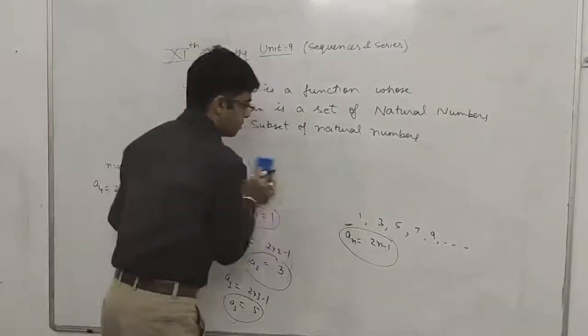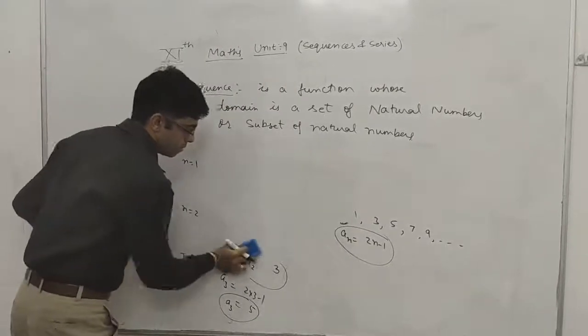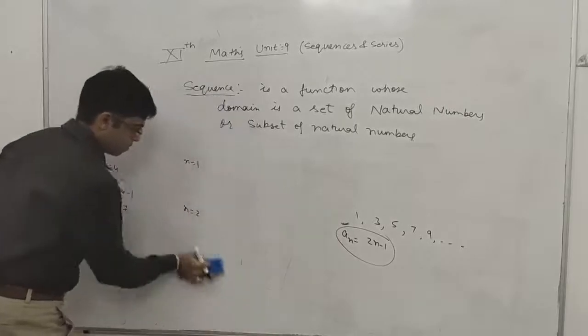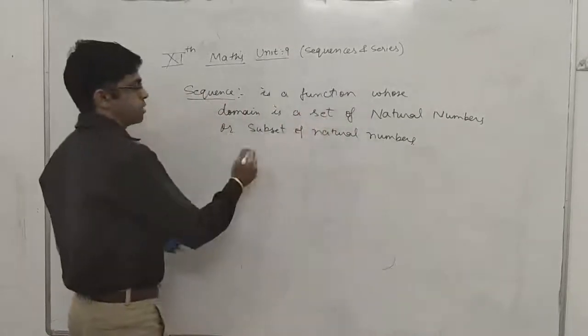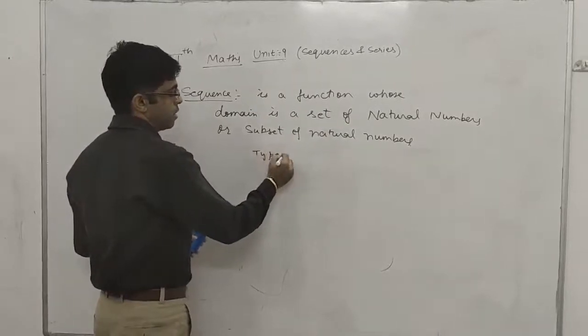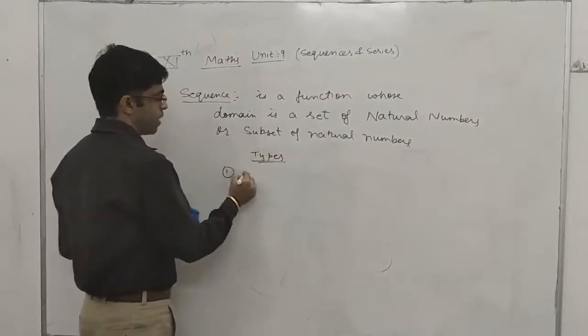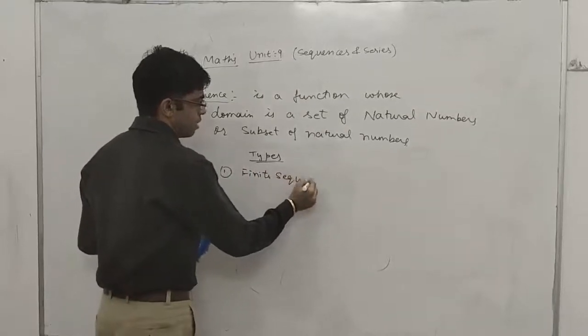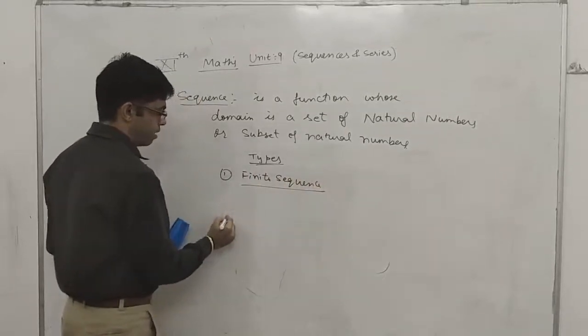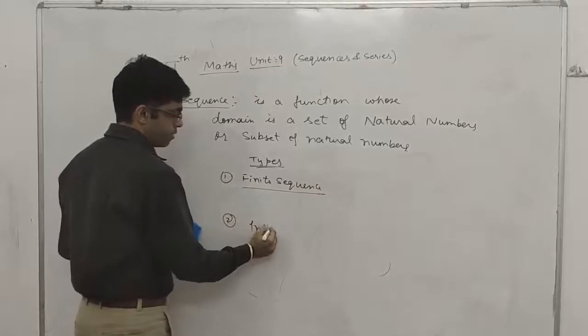Next comes finite sequence and infinite sequence. Now the types of this: first one is finite sequence, and then second, infinite.